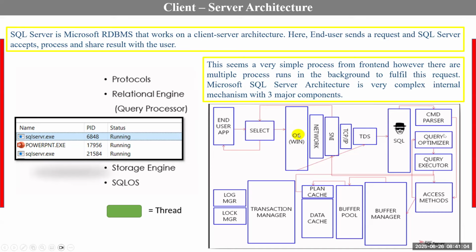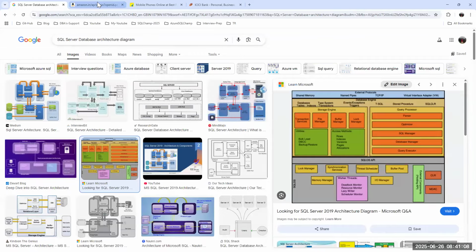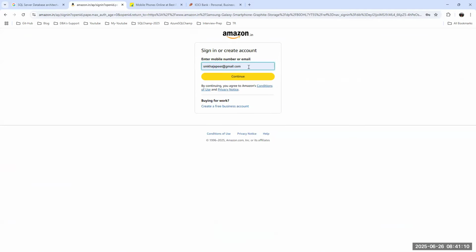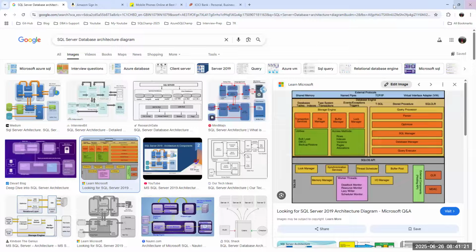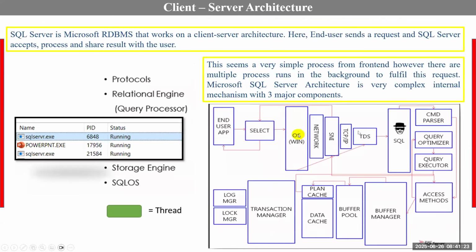Now let's talk in a technical way. First I provide my email address and my password, and I click on sign in. Via the network, it is connected to the database engine. From the database engine, it first goes to the command parser.